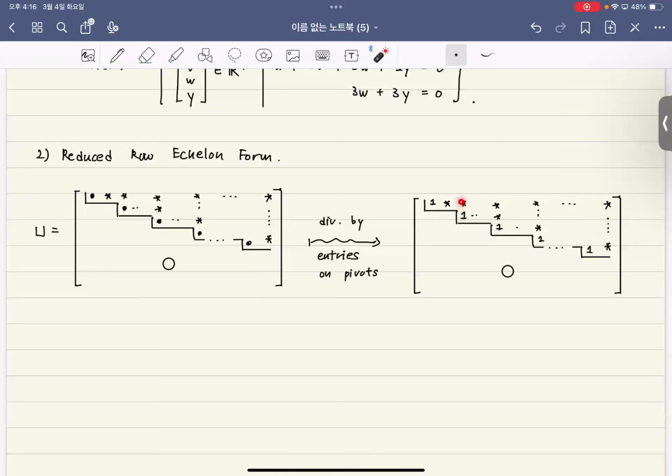Suppose that this number is, say, 7. In order to get rid of this number, I multiply the entire second row by -7 and add it to the first, then I can get rid of this number. By doing so, these numbers can be 0. So now I can make these guys 0, and these guys 0, and these guys all 0.